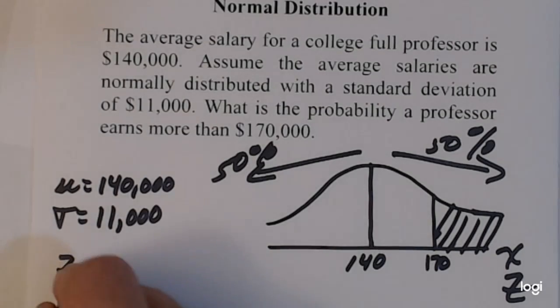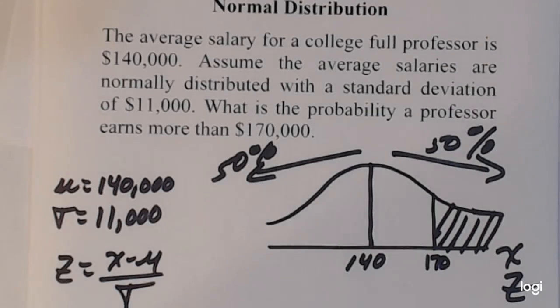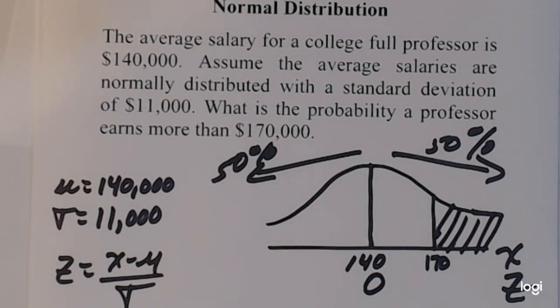And we know that z is equal to x minus mu over sigma. In the standard normal distribution, the mean is 0 and the standard deviation, by the way, is 1.